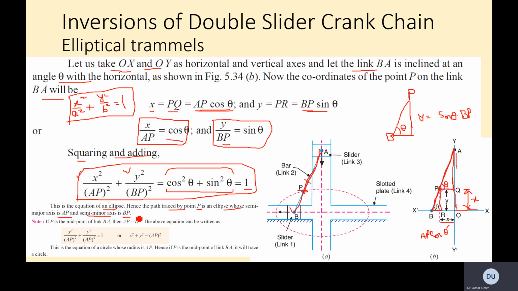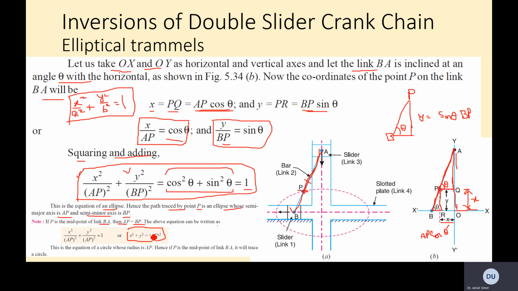So what happens? You can rearrange this equation now. If P is the midpoint of link BA, then AP is equal to BP. The above equation can be written as x square over AP square, and instead of BP square you write AP square because both are the same. Then of course you can take it common and bring it over here. So now you see this equation is basically a circle equation, x square plus y square is equal to r square.